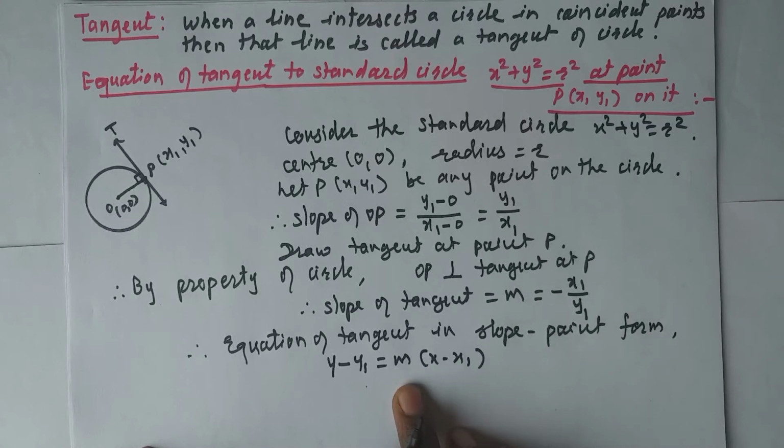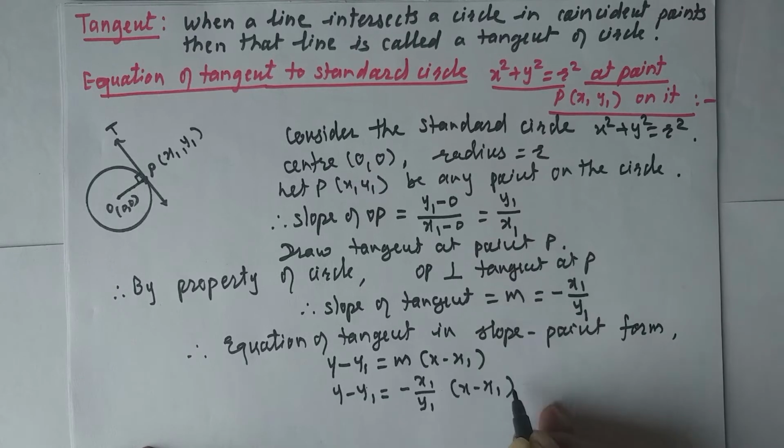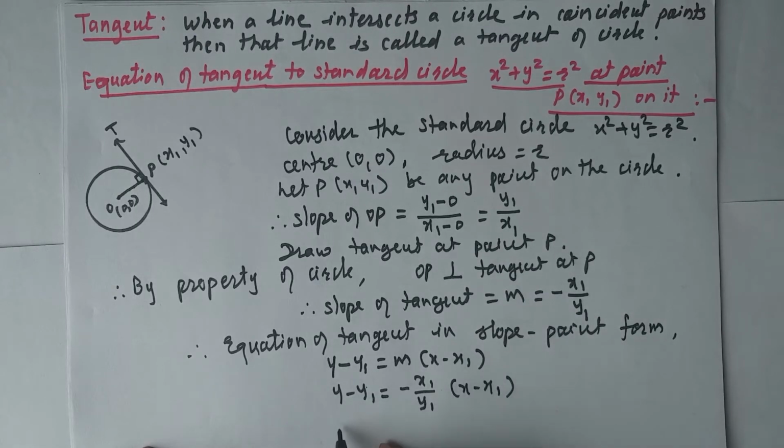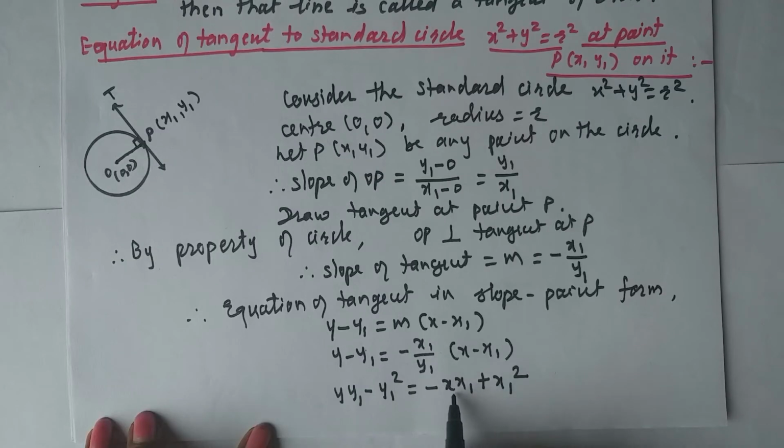Now the value of m, that is the slope, is minus x1 by y1. We will keep that in the next step. Now simplify this. Take this term to the left-hand side. This will be y1 y minus y1 square is equal to minus x1 x plus x1 square. I will transfer this negative term to the left-hand side and this negative term to the right-hand side. Then I will get x1 x plus y1 y is equal to x1 square plus y1 square.